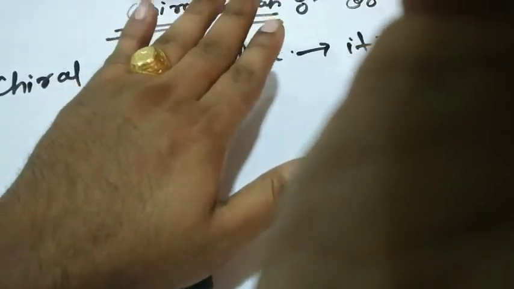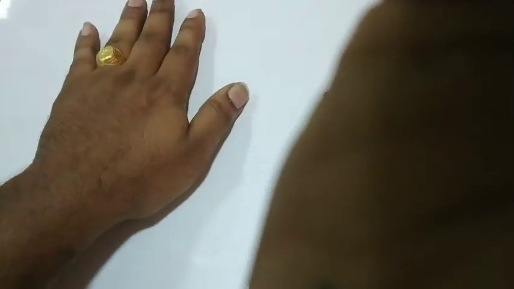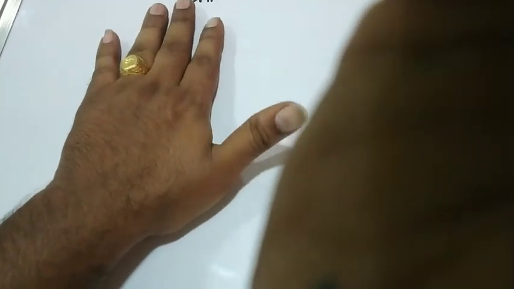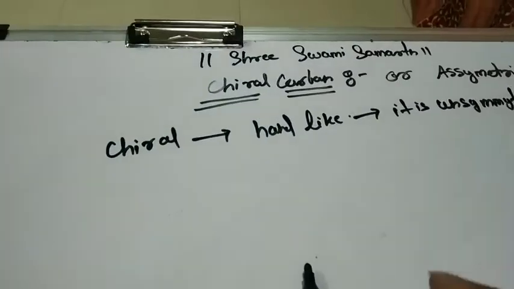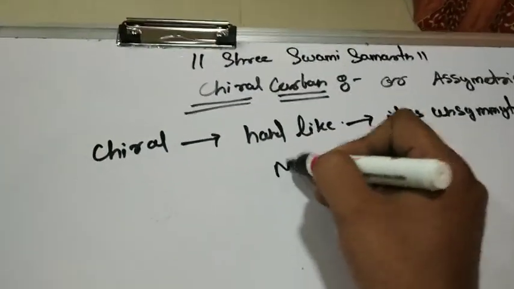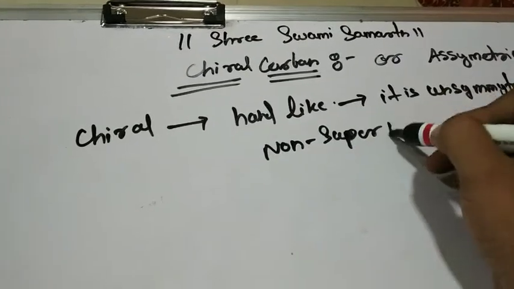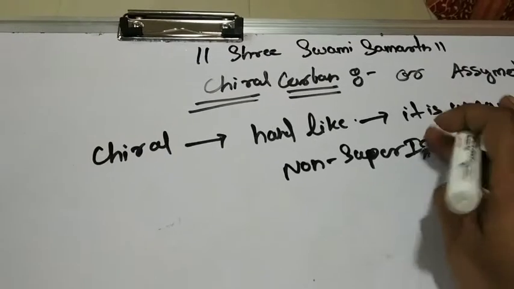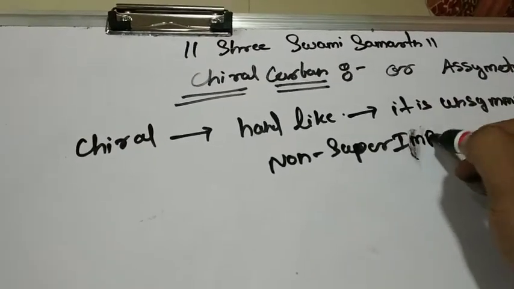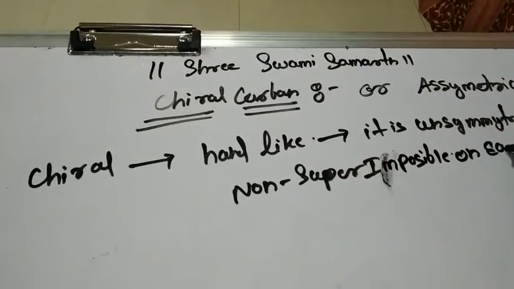But when I try to superimpose one on the other, you can see that one of my thumbs will go on that side and one of the thumbs will remain on this side. So this is nothing but called a hand-like structure. It is unsymmetrical in nature. That means we can say that they are non-superimposable on each other, right?